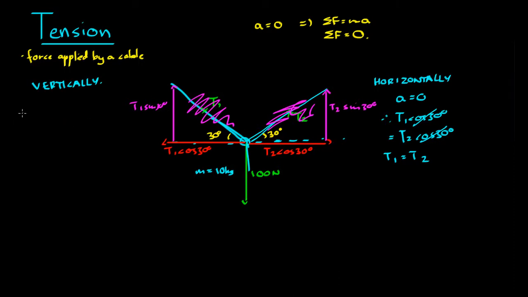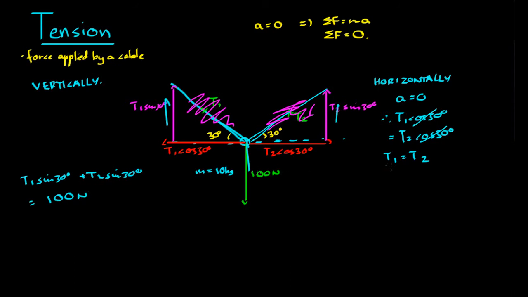Now vertically, we have T1 sin 30, that's part of the upward force, plus T2 sin 30, the upward forces here and here, has to equal the downward force, 100 newtons.